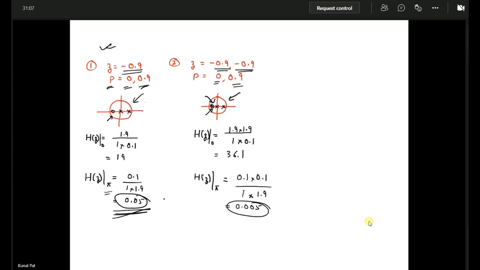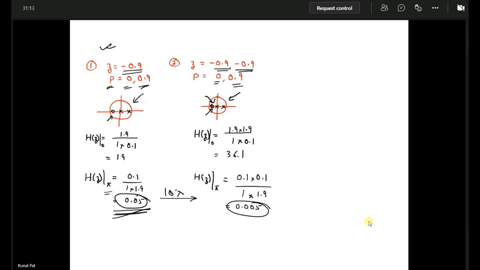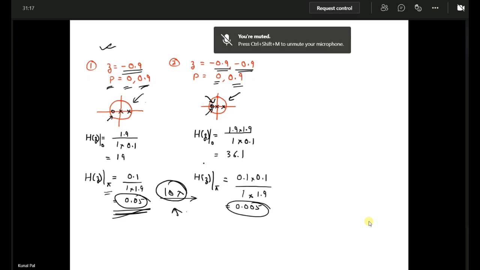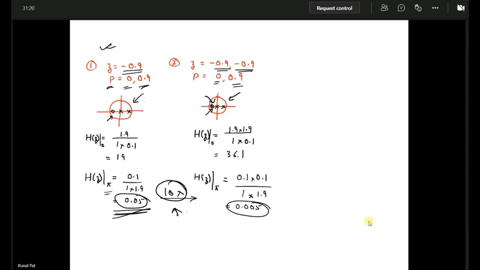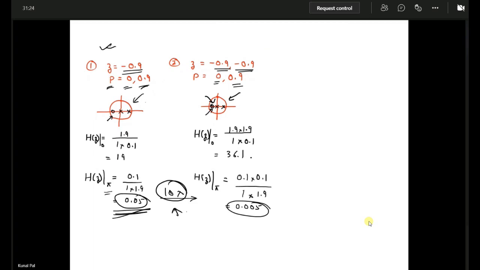So there is a reduction of 10 times. There is a reduction in the amplitude response of 10 times, right? However, if you see, the addition of this zero has increased the amplitude response at the DC frequency. At the DC frequency. Okay.